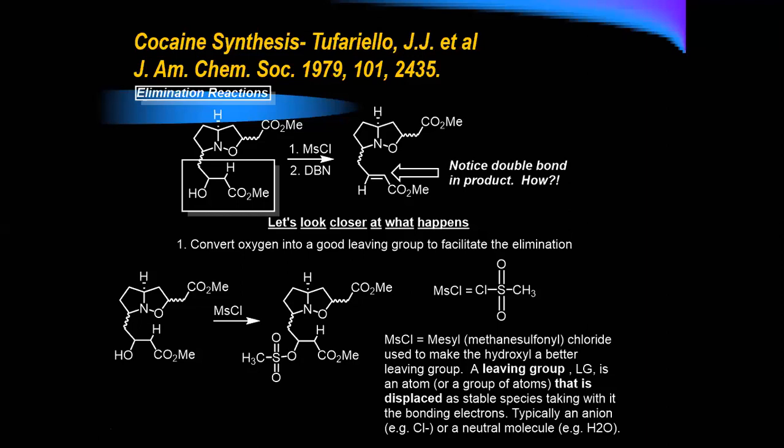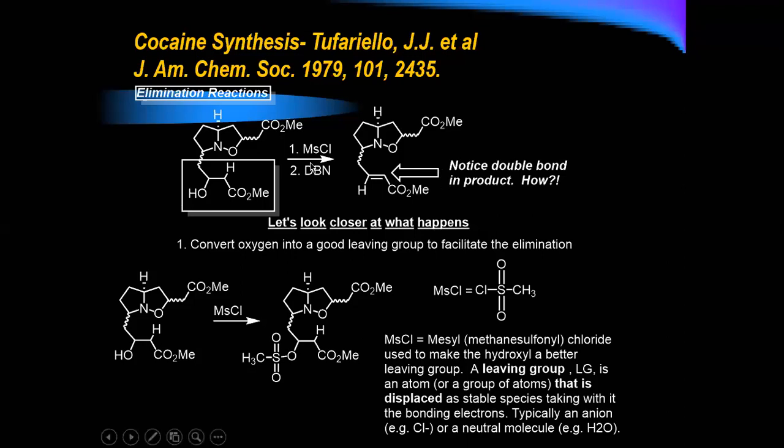Substitution, elimination, addition, and rearrangement. Is that right? Yes. All right. Which of those 4 reaction types is used to make double bonds? Elimination. So what do you think happens between here and here? Some kind of way I did an elimination. Is that right? Yes. What type? Because we talked about 2 types, E1 and E2.